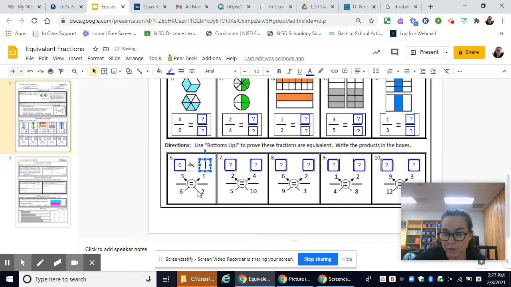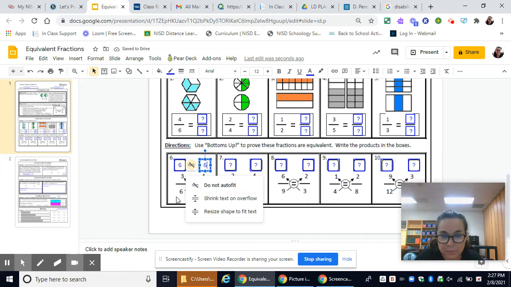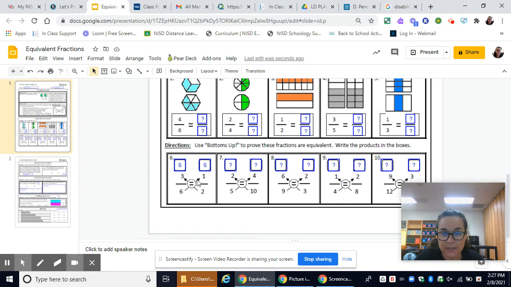We've done this before. So what that means is that this is an equivalent fraction because when I cross multiply, okay, when I cross multiply, I get the same number. So that means that they are equivalent. I'll go ahead and delete that real quick. All right, so that's what you're going to do for all of those, okay?